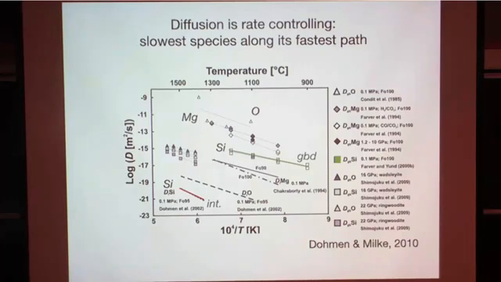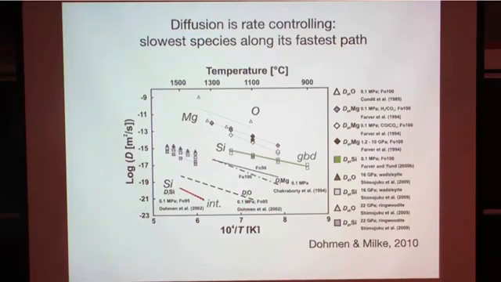Here is the interior diffusion, silicon interior diffusion, and then here is grain boundary diffusion. This is where the grain boundaries become so important. The grain boundary diffusion, so silicon diffusing along grain boundaries in olivine, this green line here, is much faster at lower temperatures here, so at the top is absolute temperature. You can see many orders of magnitude faster diffusion along grain boundaries than along the interior.